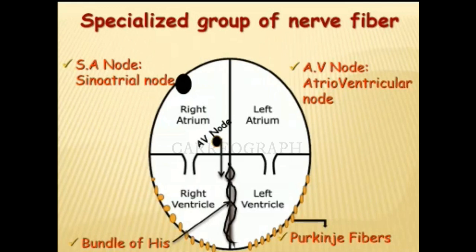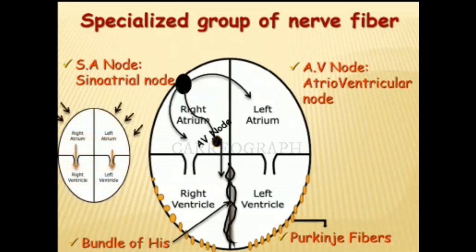See friends, from SA node, there is a flow of electrical impulse. This flow of electrical impulse is regulated through the autonomic nervous system. The electrical impulse passes through the entire atrium, causing contraction of cardiac muscle of atrium and forcing blood to move into the ventricles.